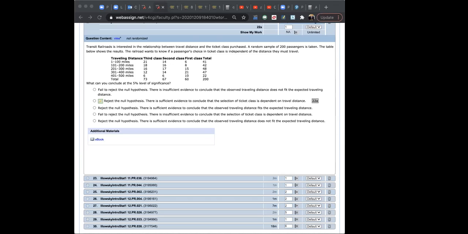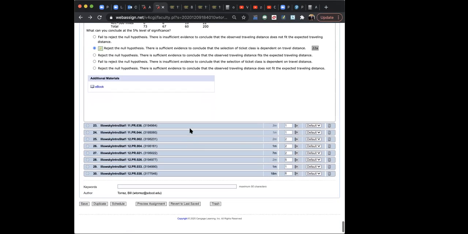So notice that the p-value is smaller than 5%, so we would reject the null hypothesis, okay? It's close, isn't it? 0.0435 is not that far away from 0.05, but in the machinery of hypothesis testing, if we use the p-value, then our decision is strictly: if the p-value is smaller than alpha, then we reject the null hypothesis, okay?